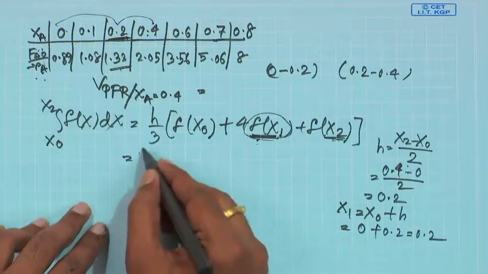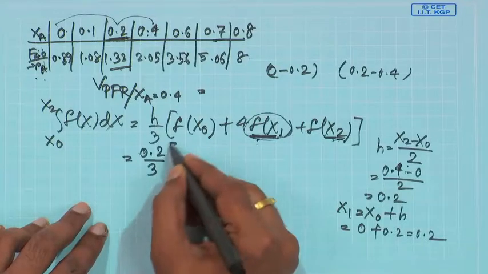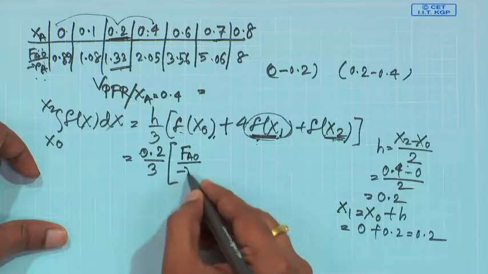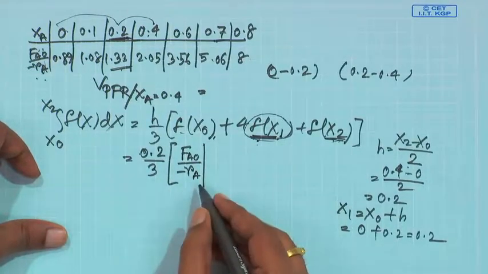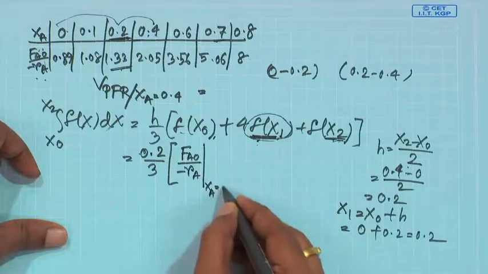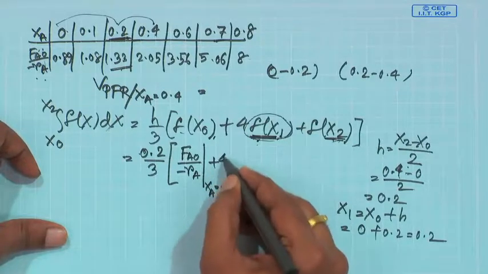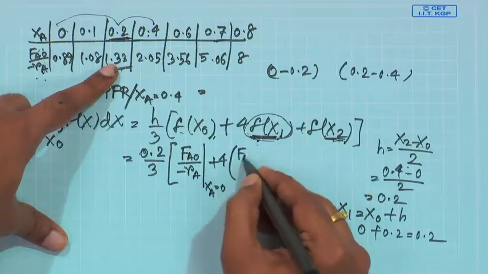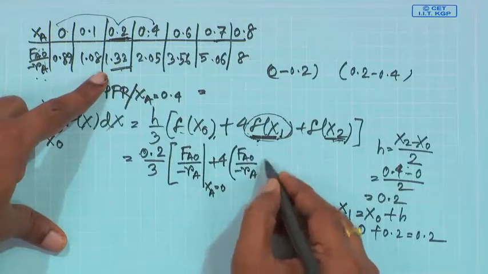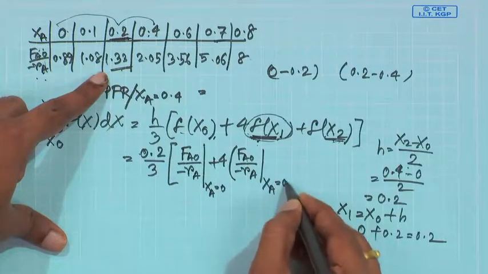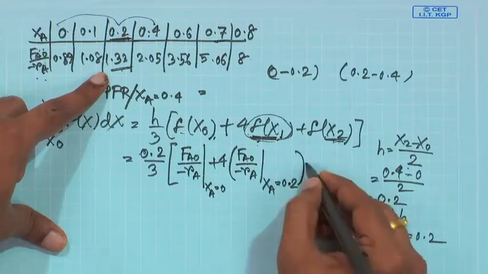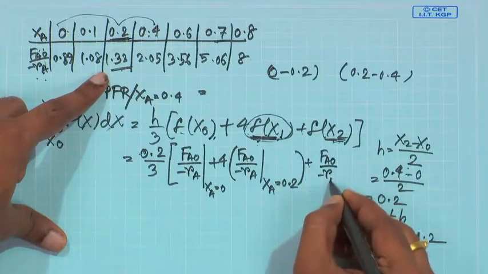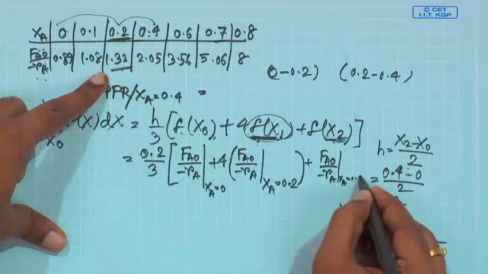Then if you put all these values here, this will be 0.2 by 3. So, f(x0) is basically the value of FA0 by minus rA at xA equals 0, plus 4 into f(x1), the value of FA0 by minus rA at xA equals 0.2, plus f(x2), the value of FA0 by minus rA at xA equals 0.4.